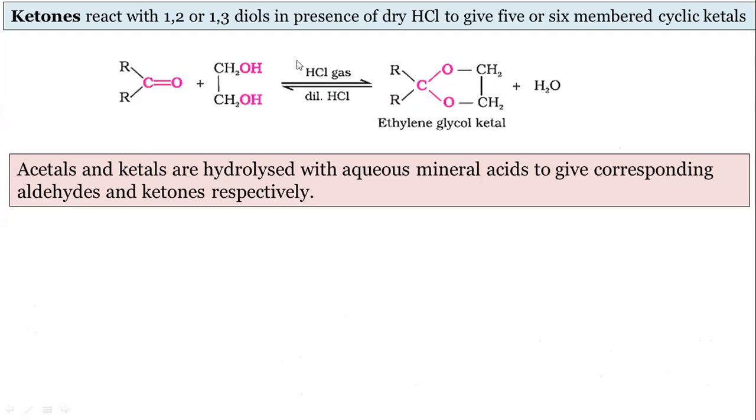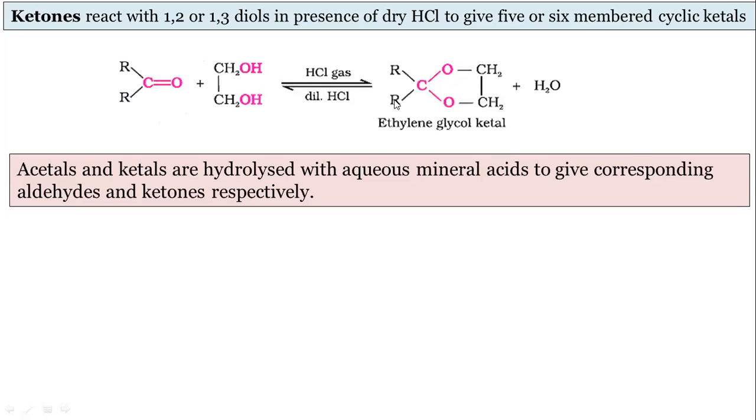But in case of ketones, they form cyclic ketals. When glycol is there, these are the two R groups of any ketone, CH2OH, CH2OH, this is ethylene glycol. These are also called diols. In presence of dry HCl, we get the cyclic ketals here. So see how the cyclic ketals are formed.